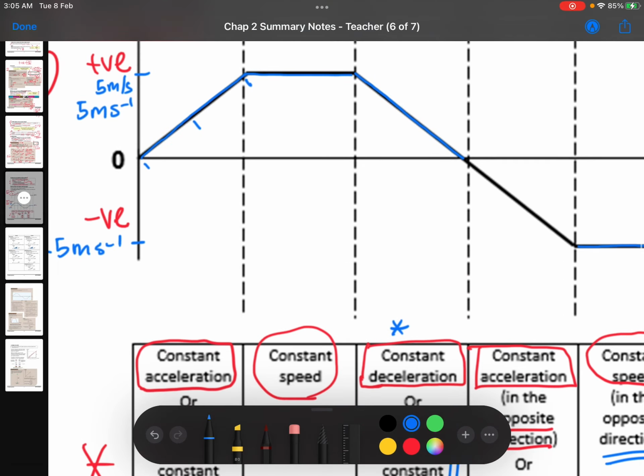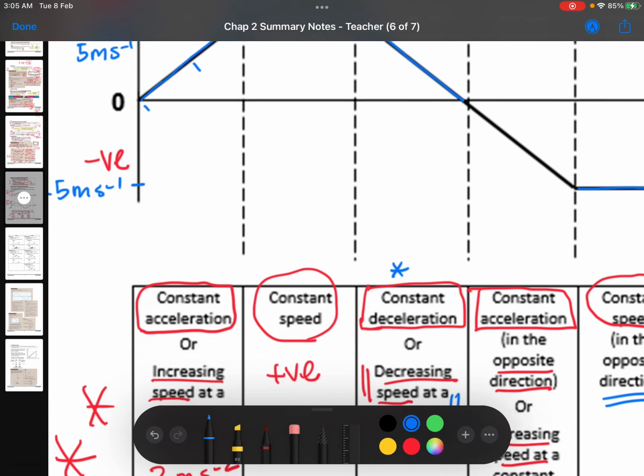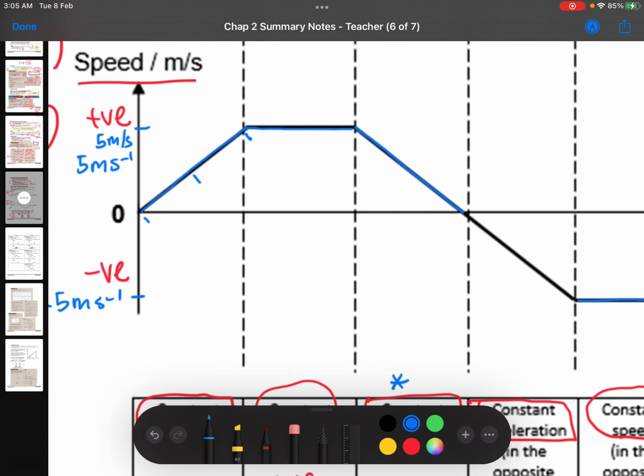So now, is constant deceleration in the positive direction? Because anything that you see here above 0 is positive. Anything below 0 is negative.